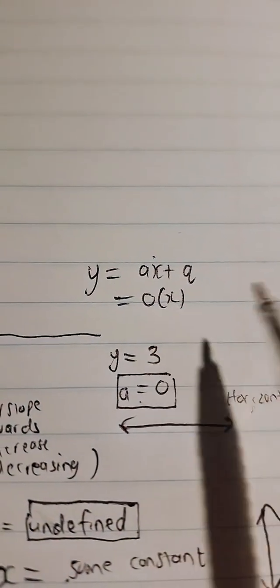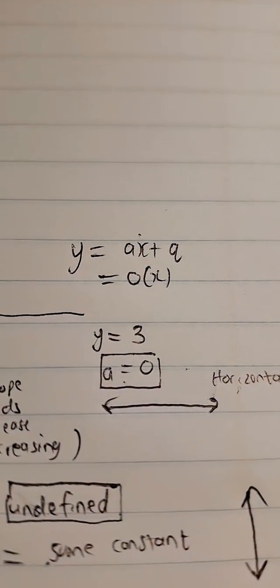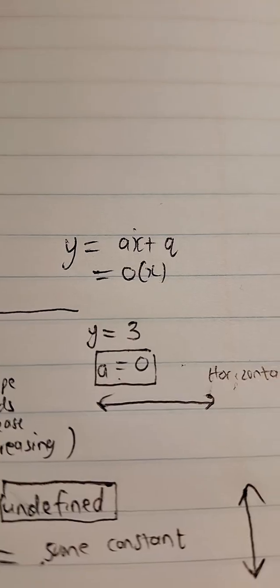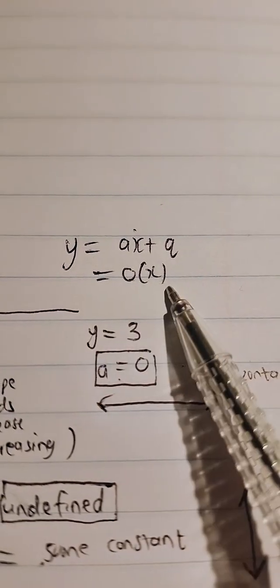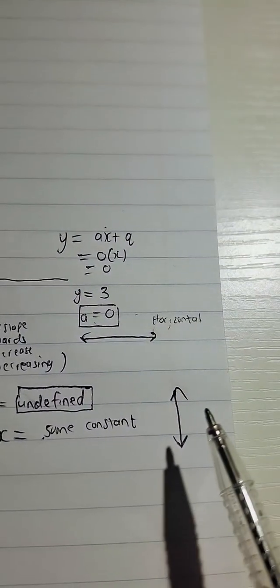You multiply 0 with anything, what happens? It becomes 0. Now but you have your q value. So y is equal to 0 plus 3, therefore y is equal to 3.